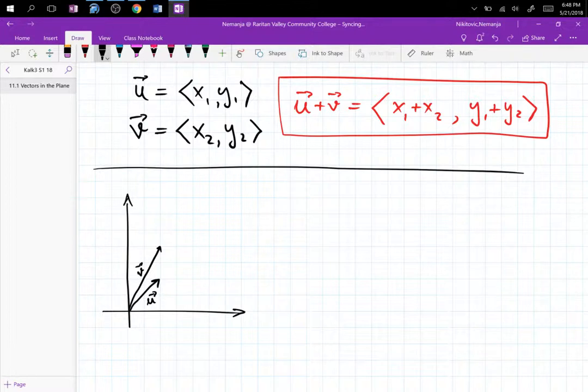Remember that vectors are free to move in space, which means that vector u in this case will go here, and that will create a resultant vector of u plus v, or vector u, which is the one that I moved up because they're free to move in space.